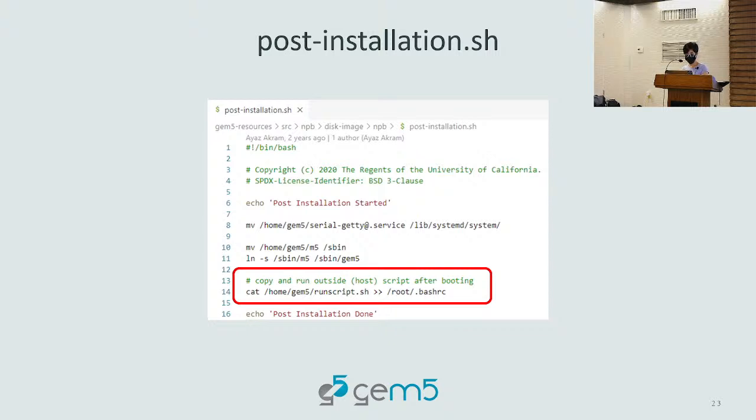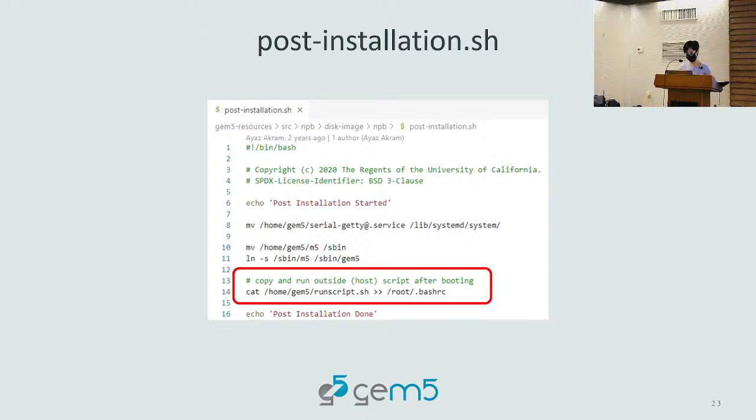And then it moves M5 to the sbin directory. This is for convenience. The next line also is for convenience. Basically, they want to put M5 and gem5 into the path, so they don't have to provide the full path of these two when they want to run something on the disk image. They just say m5 or gem5, and they can run it.